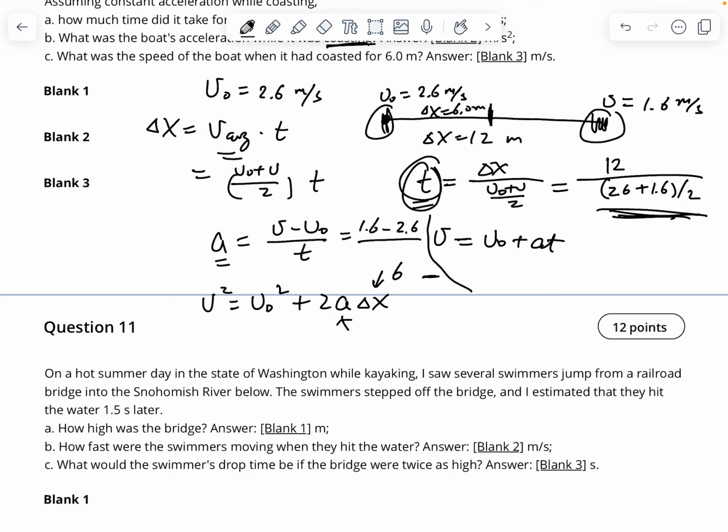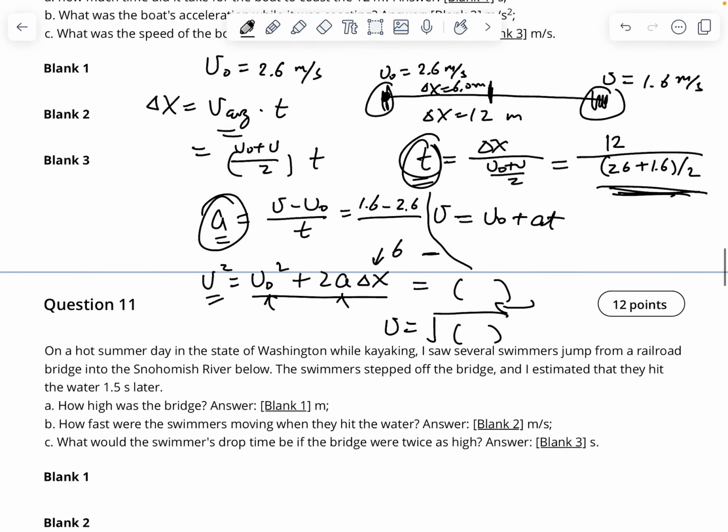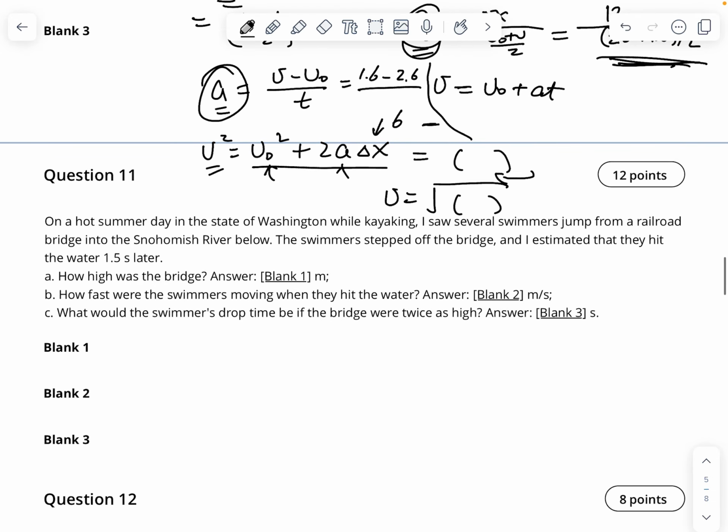A we already figured out, and then we know v naught. Just plug into this equation, then whatever here is v squared, and v equal to square root of this. So that is your velocity, speed at 6.0 meter.